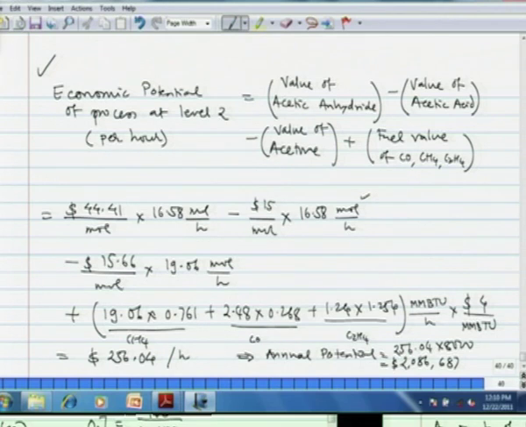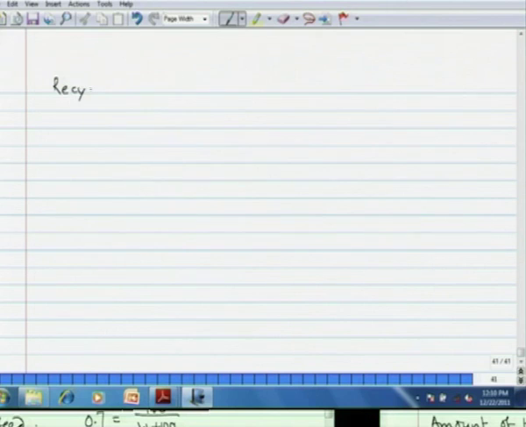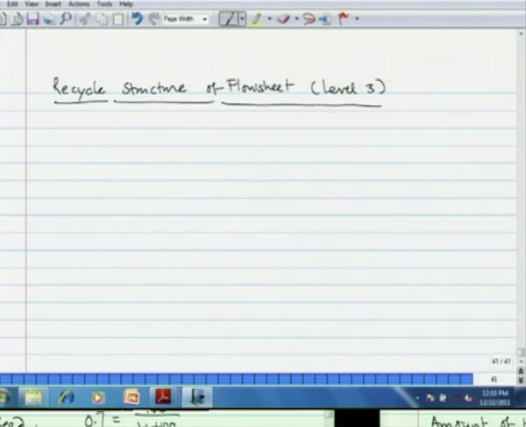So, we go to the next level, that is the determination of the recycle structure of the flow sheet. This is the level 3 of design. Now, here again we have to do the material balance. There are two recycle streams, as I mentioned to you before, the acetone recycle and acetic acid recycle.